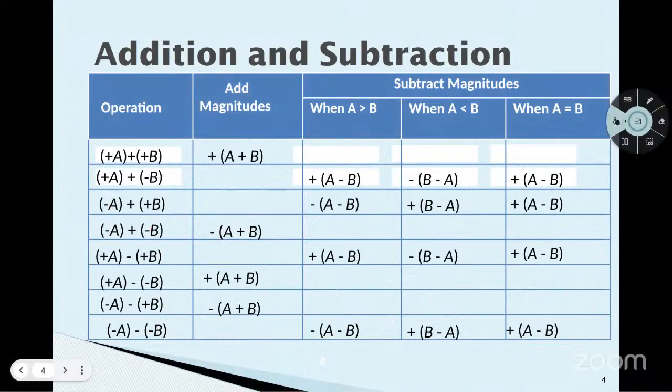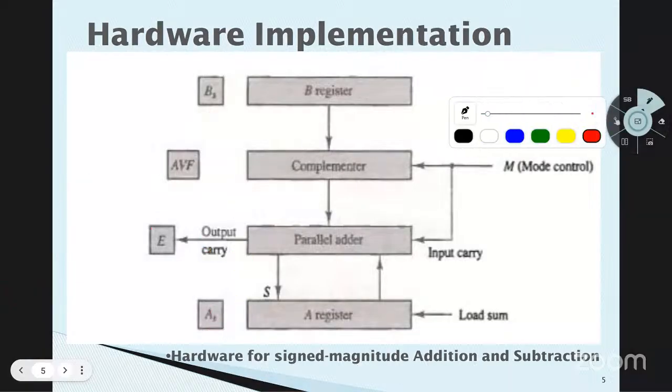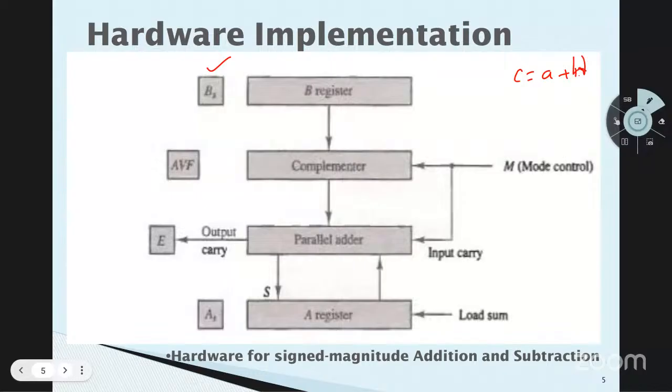Now, these sign numbers can be placed here. That is the B register. C is equal to A plus B. This can be placed in A and this can be placed in B register.